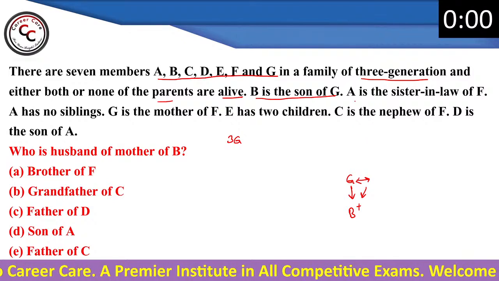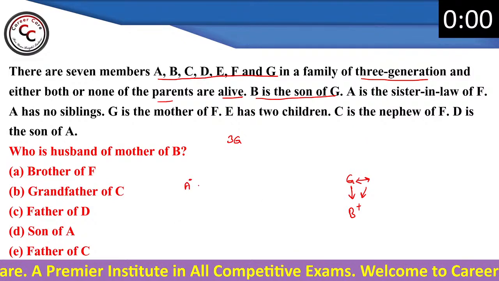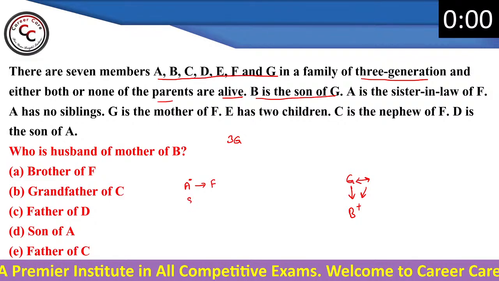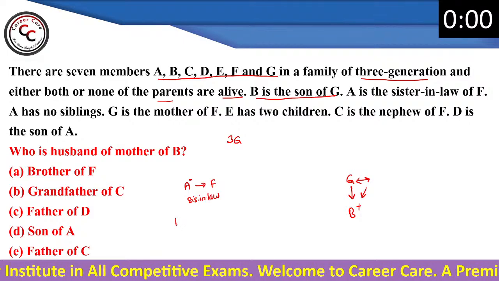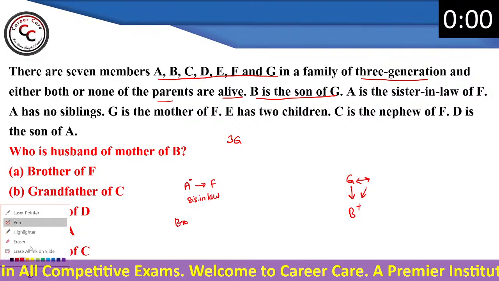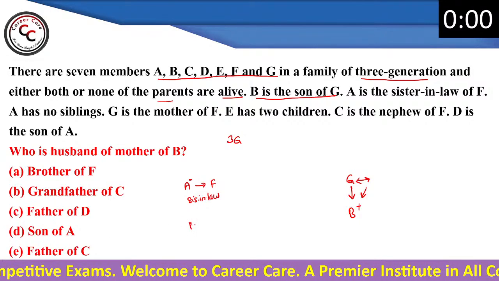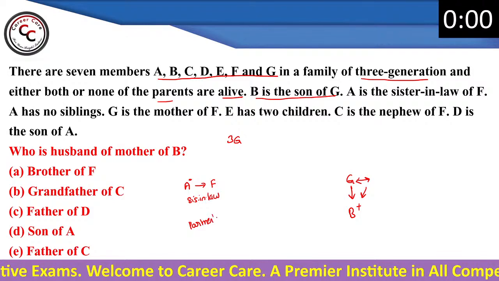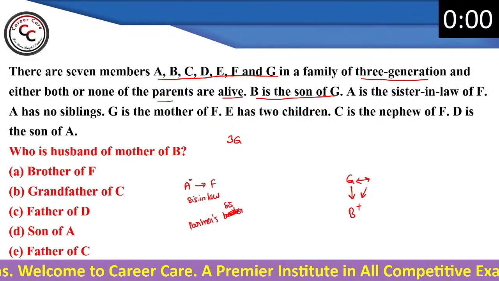Simple. A is sister-in-law of F. See, sister-in-law will be in 2 cases. One is the partner's sister.